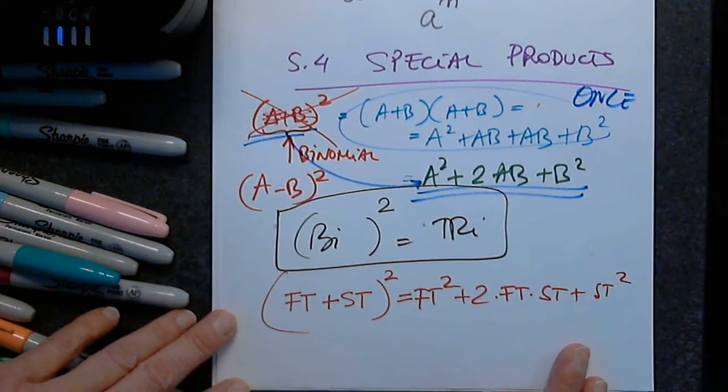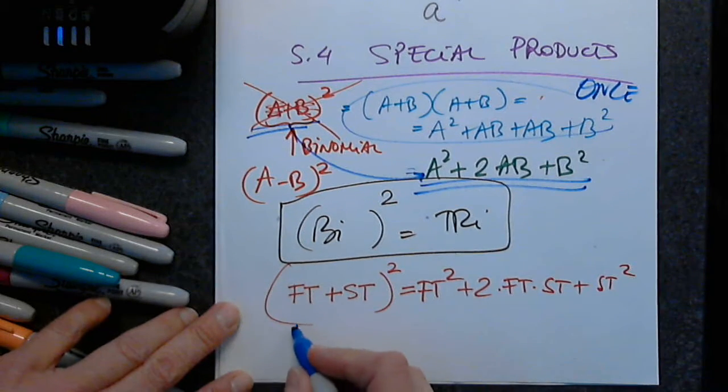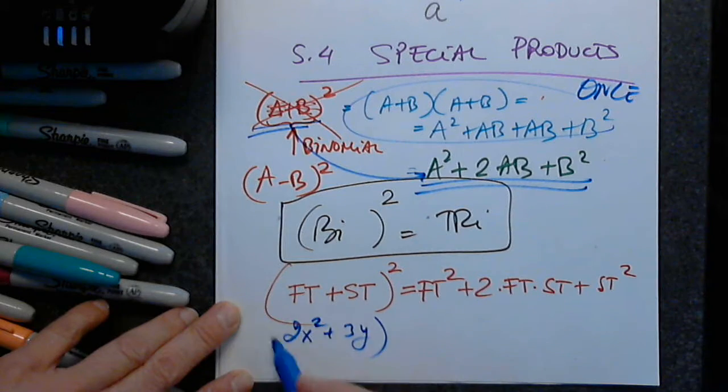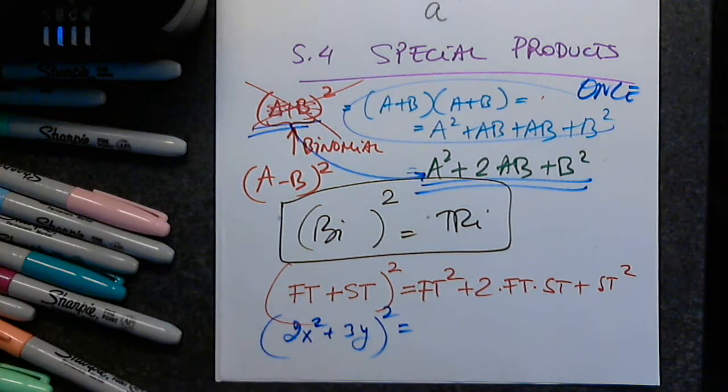So let me give you an example of what I mean. If I have, let's say, 2x squared plus 3y, everything squared, I expect you to give me the whole thing without foiling. If you want a breeze in chapter 6, if you want to hit a wall all the time in chapter 6, then you'll still take it on the side and foil it.